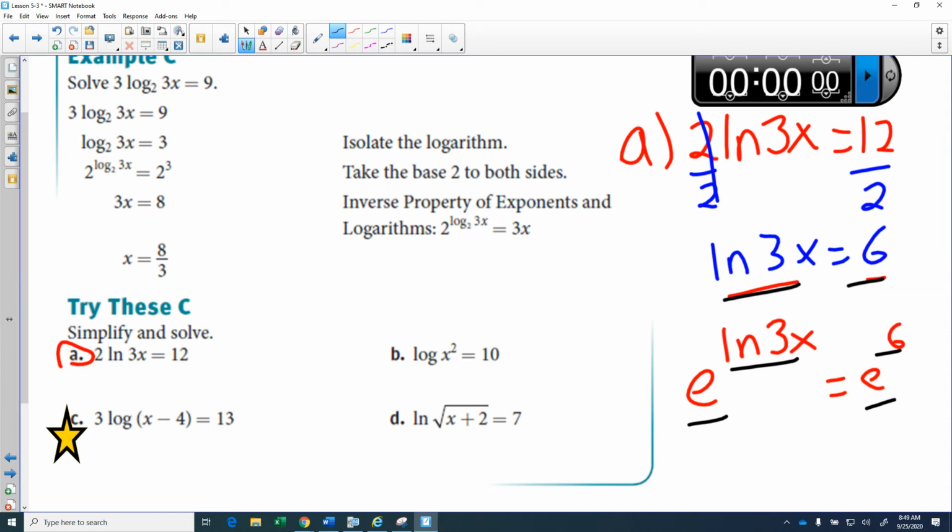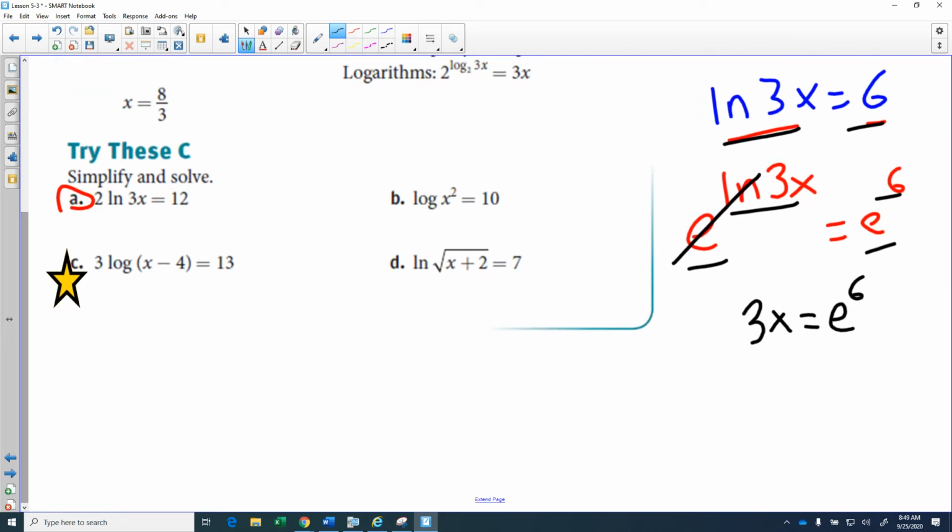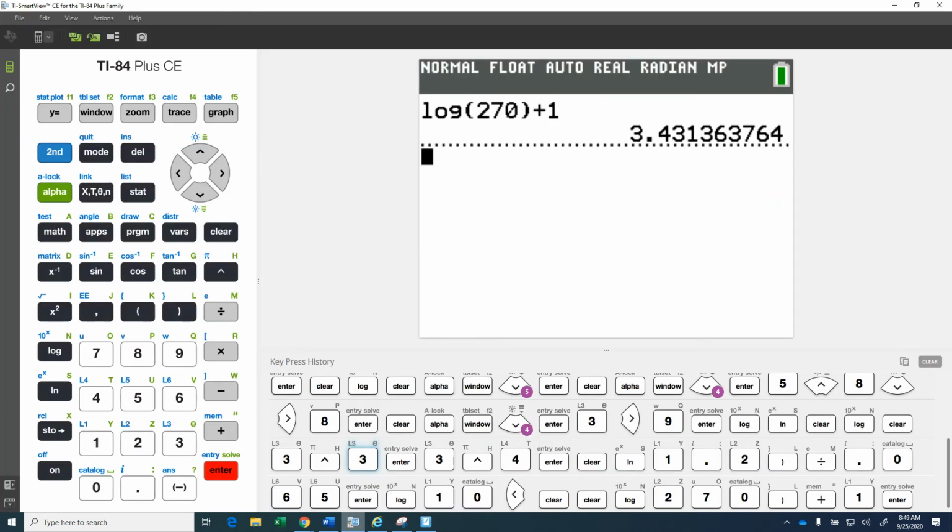But the reason why this is helpful is because now, with using our inverse idea, this should just cancel itself out. And what I'm left with is 3x equals e to the 6th. At this point, if I wanted to solve for x, I would just have to divide the 3 over. E to the 6th divided by 3. We go to our calculator.